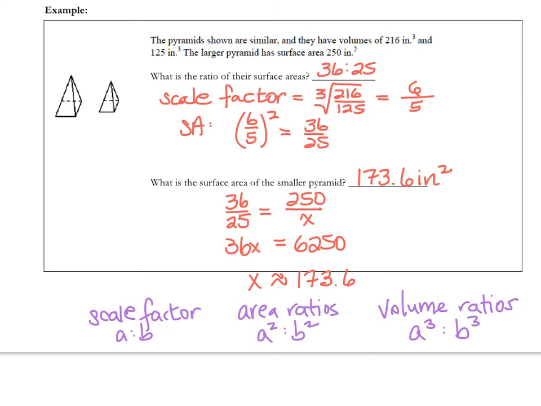So if you're trying to go backwards from area back to scale factor, use the square root. And if you're going to go from volume back to the scale factor, you will use the cube root.